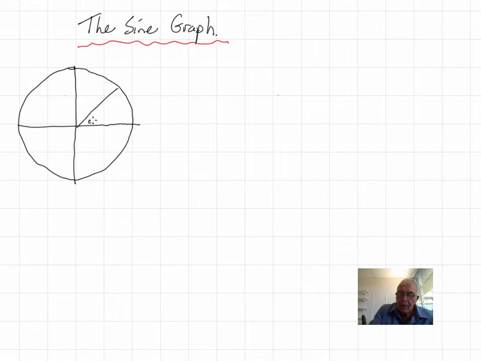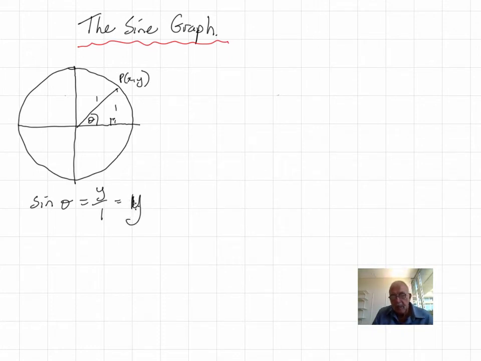And if theta is an angle there and P is the point (x, y), we know that the sine of theta is the y coordinate over 1, so that'll be equal to y. So sine of theta is nothing more than the y coordinate.